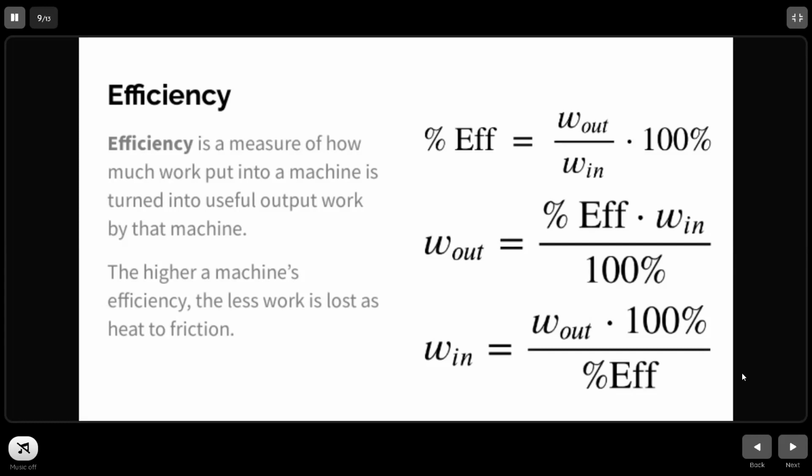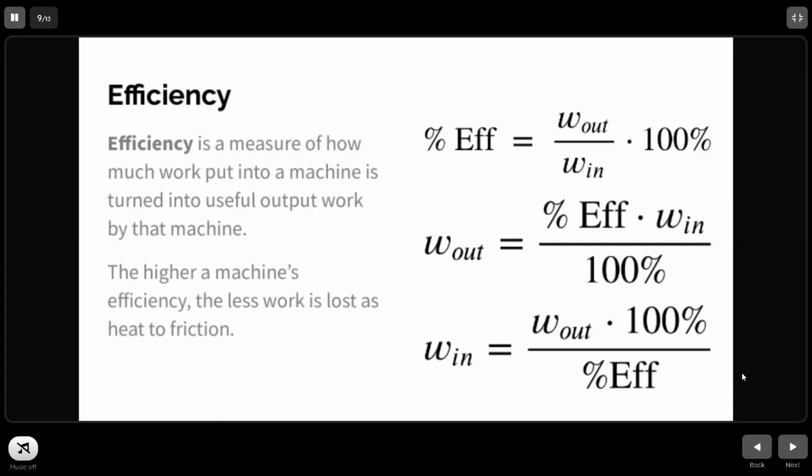If you put 100 joules into the machine, the output will be 95 because it's new. There are no heat losses and no mistakes in the machine.